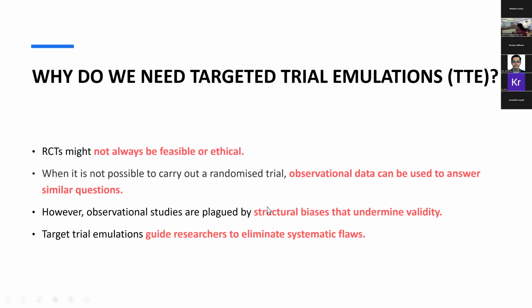However, observational data is plagued by structural biases that undermine their validity, which I will come to. So target trial emulations are basically a way to design observational data to help make causal inferences from it, to eliminate some of the systemic flaws. It doesn't eliminate everything, we will come to it, but it eliminates some systemic flaws in observational design. It is a framework to help you design observational studies as such.